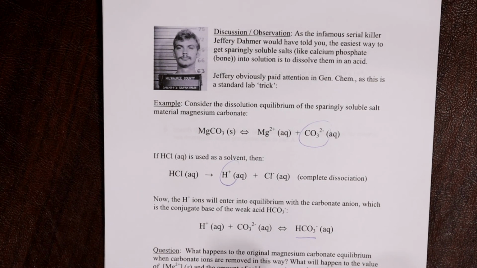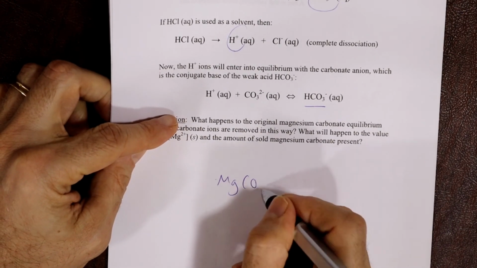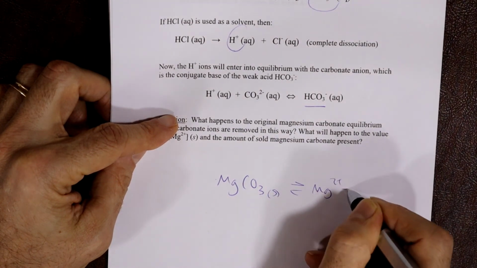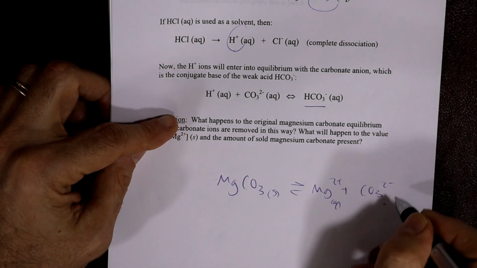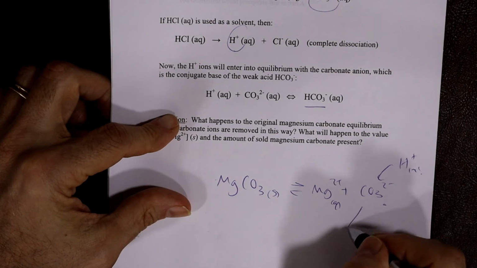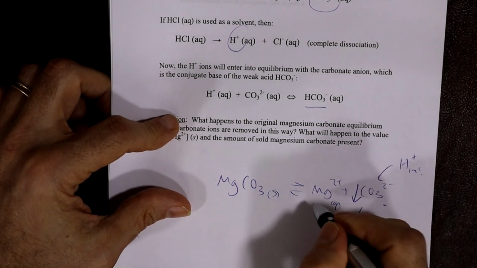So if I have MgCO3 solid in equilibrium with Mg2 plus and CO3 2 minus, and I throw some H plus at it, and this works for pretty much any insoluble thing, right? That turns into HCO3 minus. That's a different thing, so that goes down, right?